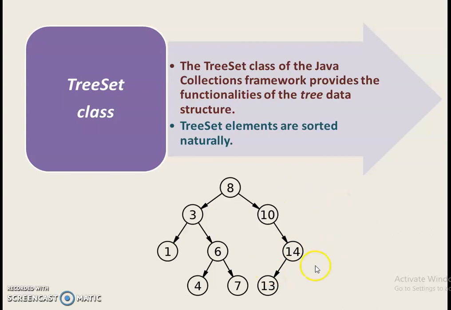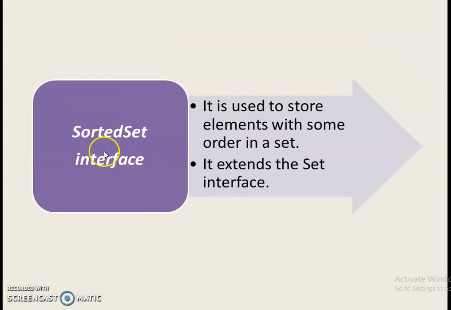This type of structure is provided by the TreeSet class. Further, elements of TreeSet are sorted naturally, which means in ascending order. We have the SortedSet interface, and this interface extends the Set interface. It is used to store elements with some order in a set, right?